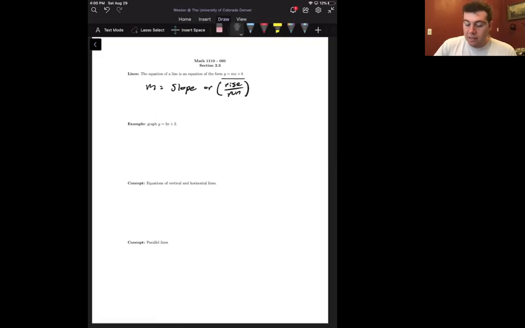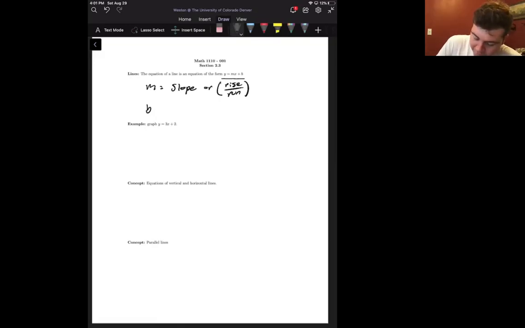We say rise over run in the case where m can be thought of as a fraction, where the numerator is how much it rises in a unit step, and the run is how far over it goes in that same step.